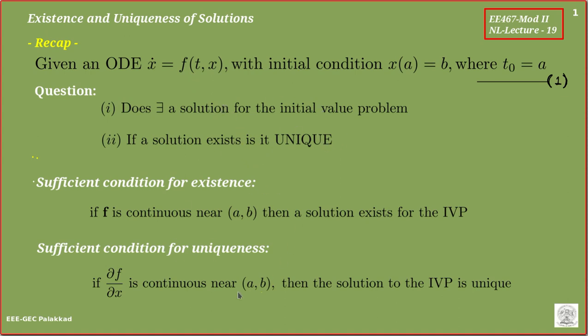This is what is said in the first statement itself. Here we had stated continuity as well as Lipschitz continuity. Lipschitz continuity is related to ∂f/∂x. So that means if ∂f/∂x exists, is bounded and is continuous, then the Lipschitz condition holds here. So this is about Lipschitz continuity and existence and uniqueness of solution.